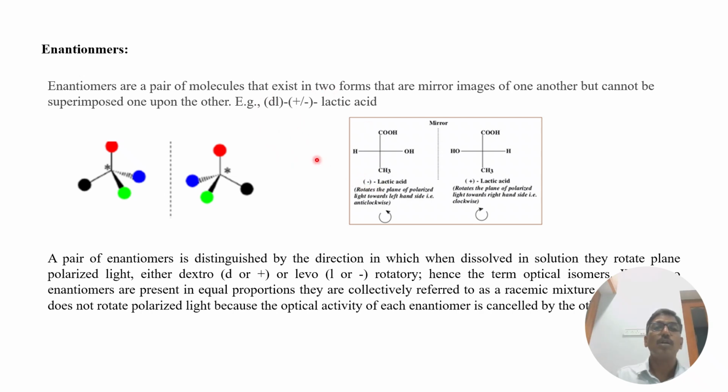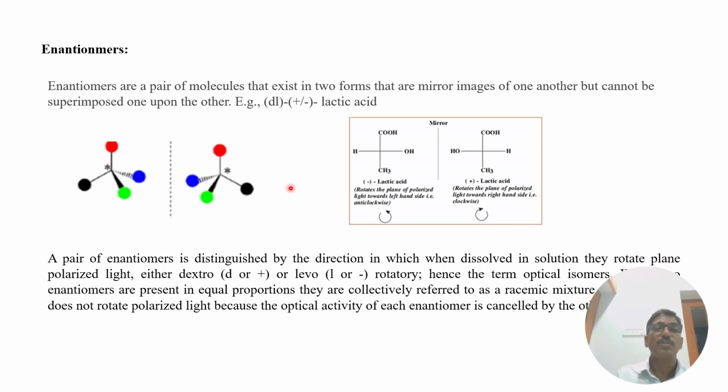So one should not get confused between the small d and l and the capital D and L. The capital D and L denote the stereochemistry, whereas small d and l denote the rotation of the plane polarized light, similar to the plus and minus sign. So the two enantiomers are mirror images, and at the same time they are not superimposable.